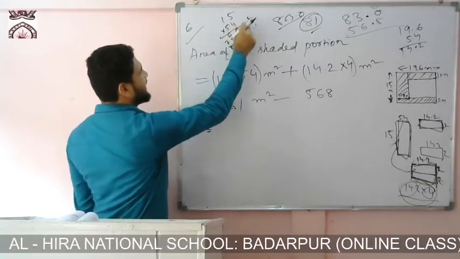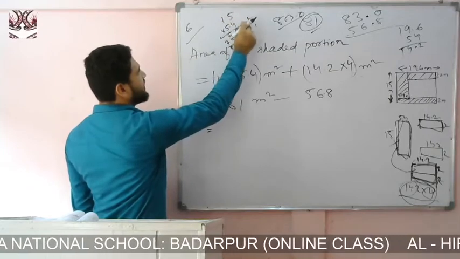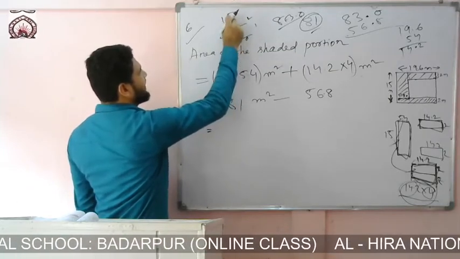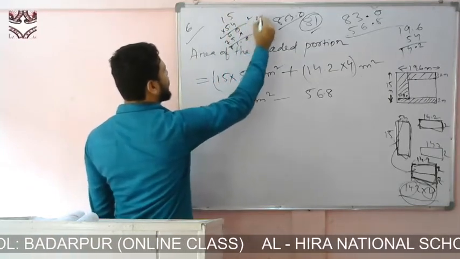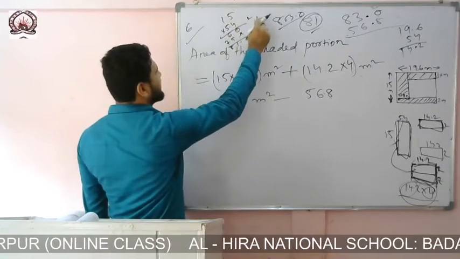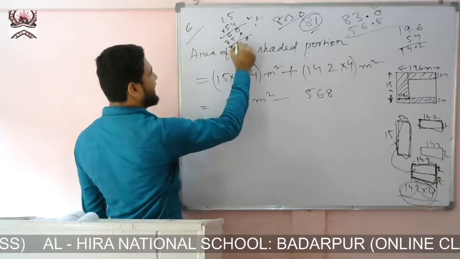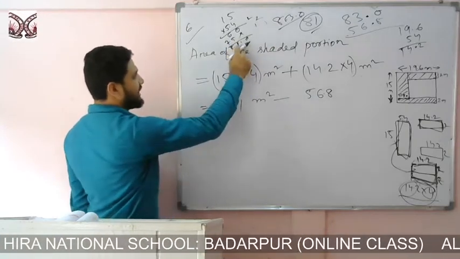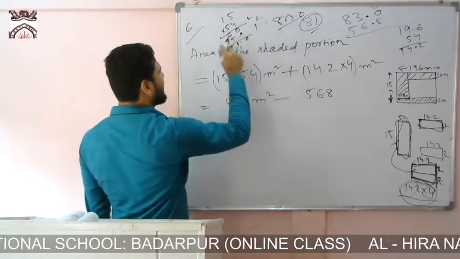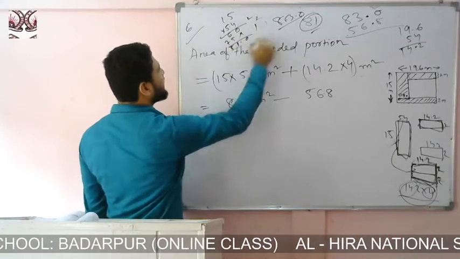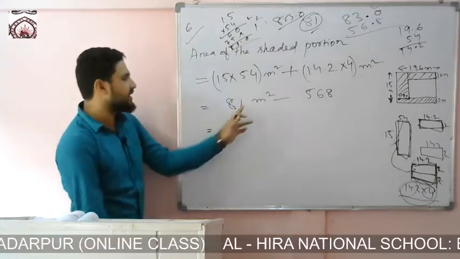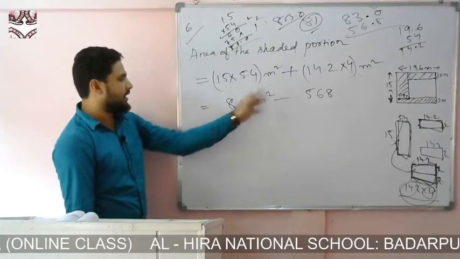Again, 5 fours are 20, carry 2, 4 ones are 4, 5, 6. 5 fives are 25, carry 2, 5 ones are 5, 6, 7. 6 plus 5 is 11, so 11, carry 1. Earlier I have written 3 here. So write 11, carry 1, 7 carry 1 plus 8, 81.8. So you correct it. Here will be 81 meter square.